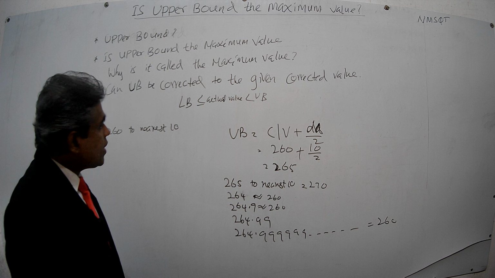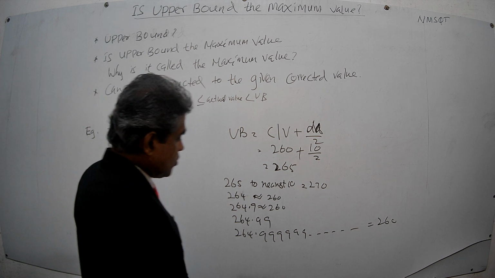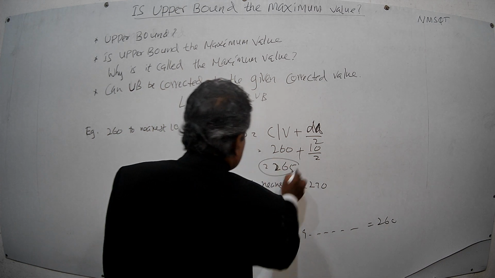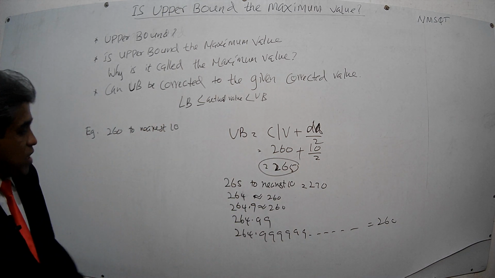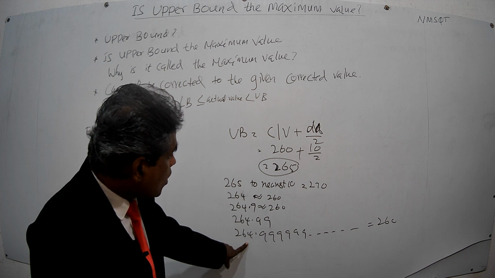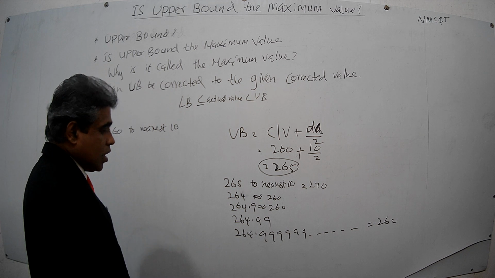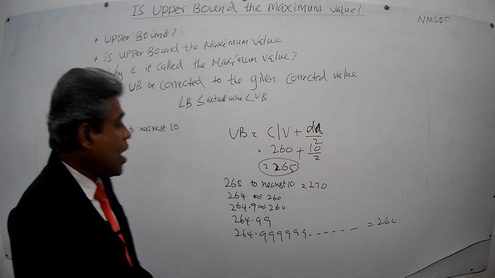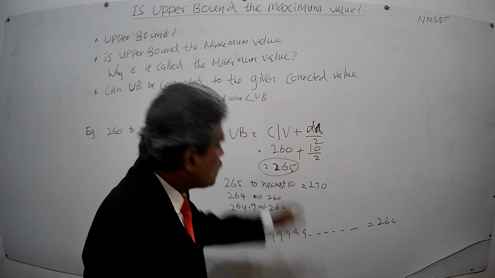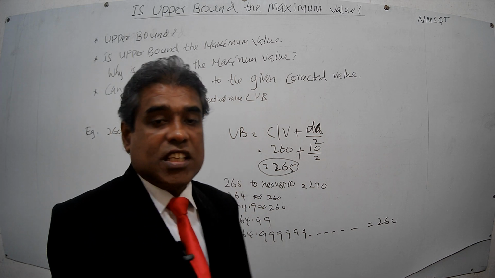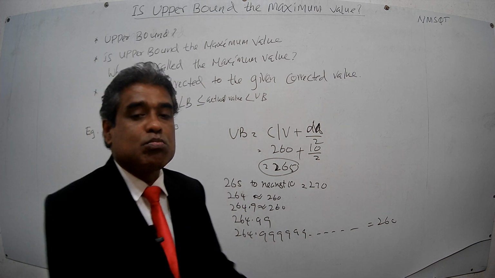The difference between the maximum value that can be rounded to 260 and 265 is an infinitesimal difference. Infinitesimal difference is very, very small.